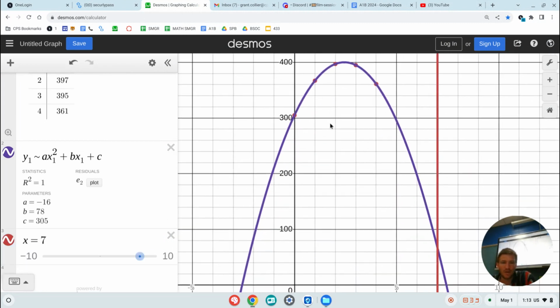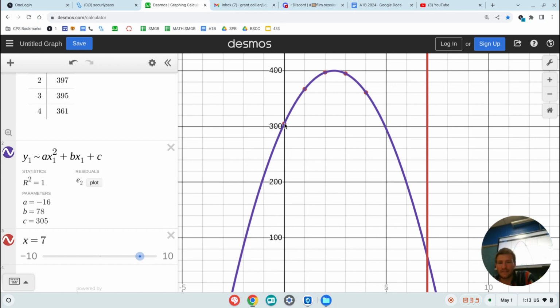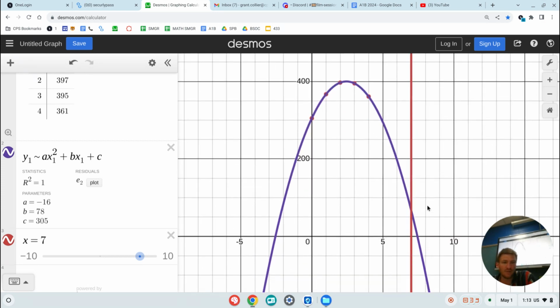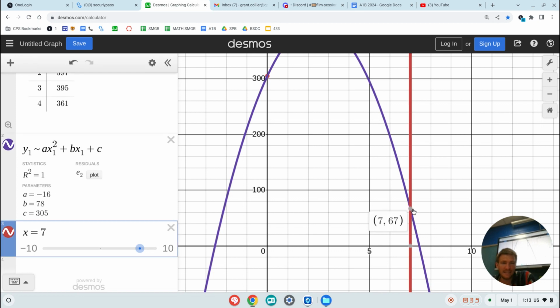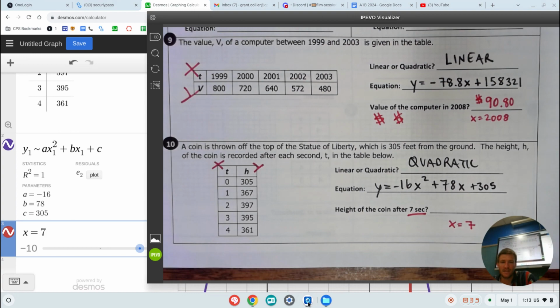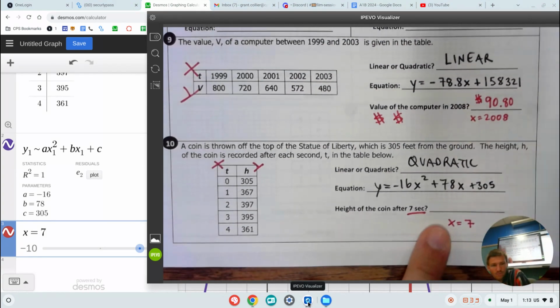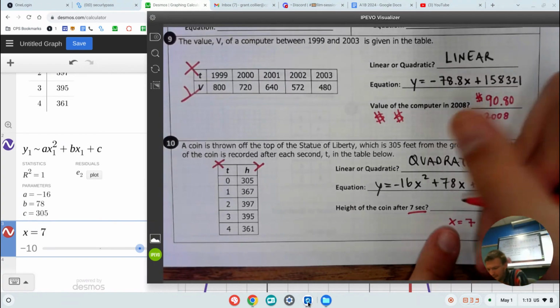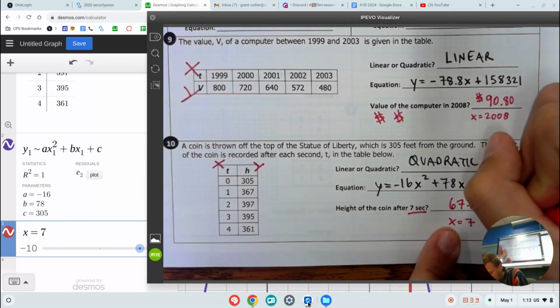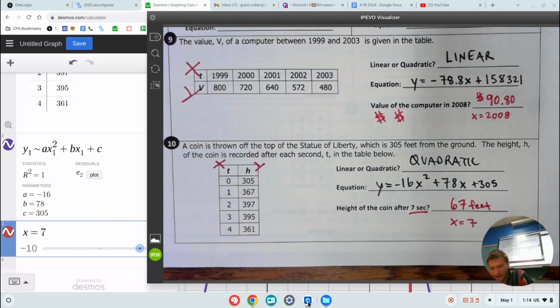This is what's going on: I'm flipping the coin off the top of the Empire State Building, or the Statue of Liberty. It goes up, up, up, and then down, down, down. After 7 seconds, here it is, 67 feet in the air. Our answer is 67 feet in the air.